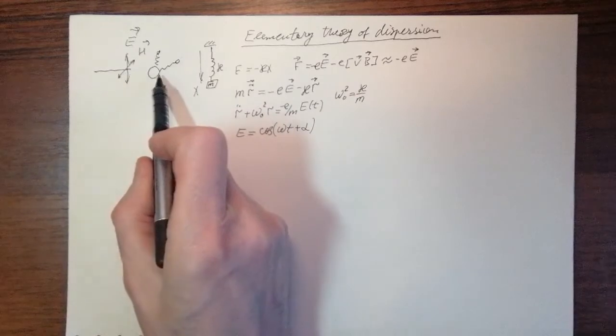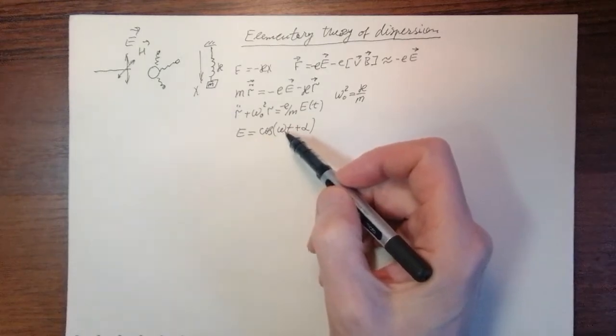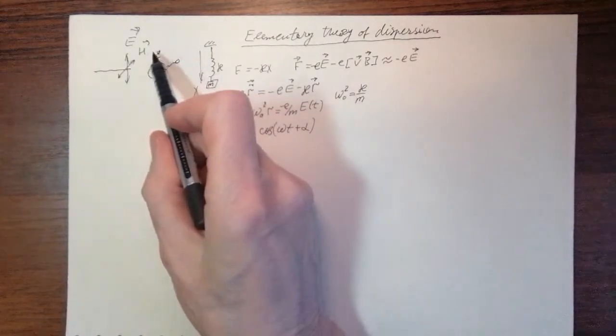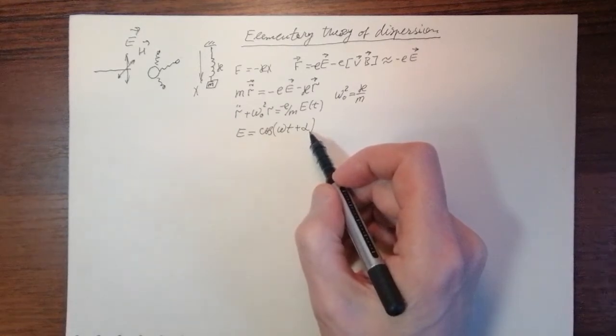So the wave reaches these points at different times, and the vibration of electrons here and here will be shifted by some phase alpha.